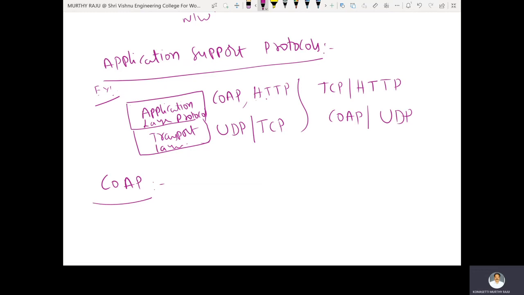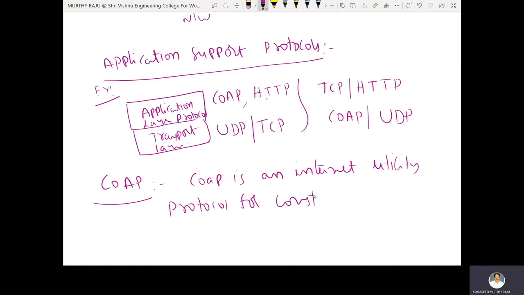That means these are constrained nodes. COAP is an internet utility protocol for constrained devices.